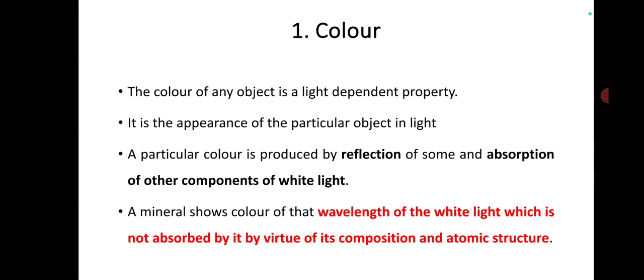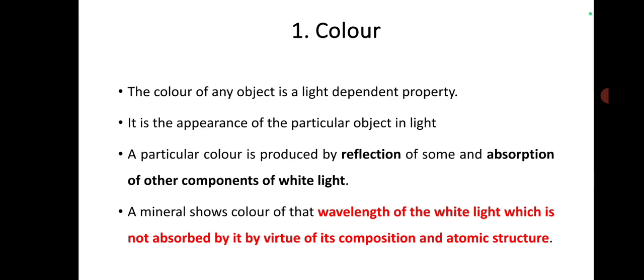By virtue of its own composition and atomic structure, it will not absorb a certain component of the white light. That wavelength of white light which is not absorbed will be the color of the mineral.